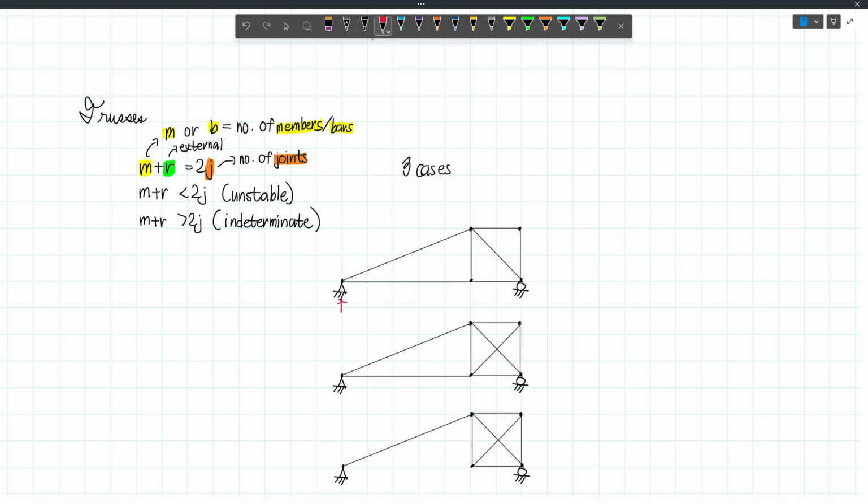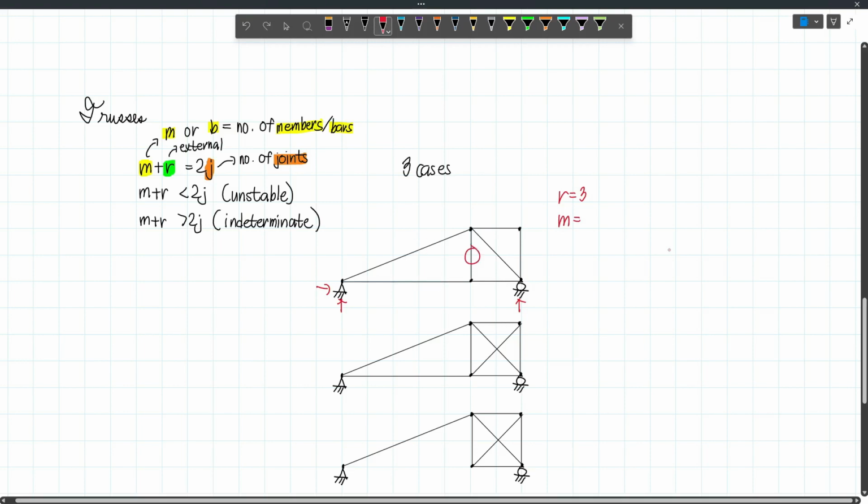Again, we have a hinge which has a reaction upward and horizontal, and then the roller upward. So our R becomes 3, and then our M becomes the number of members. We have 1, 2, 3, 4, 5, and then 6. So M equals 6. And then let's count the number of joints. And then let's try to find M. Let's count the number of members. So 1, 2, 3, 4, 5, 6, and 7.